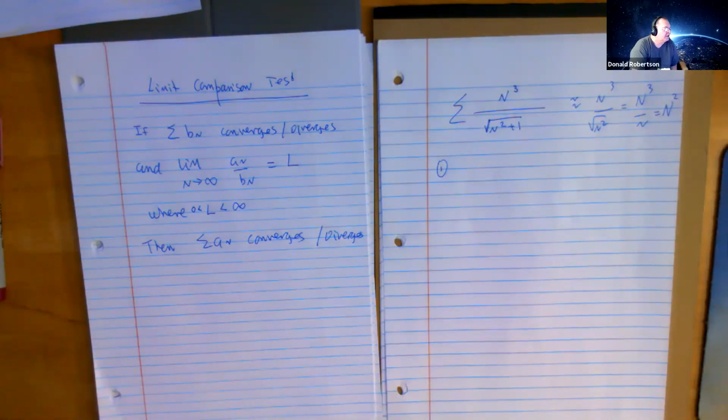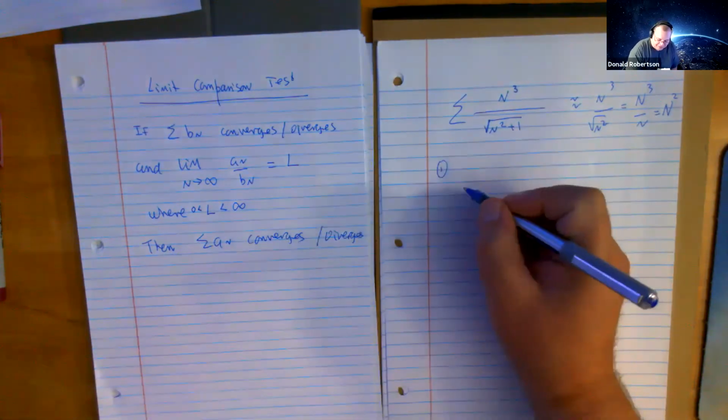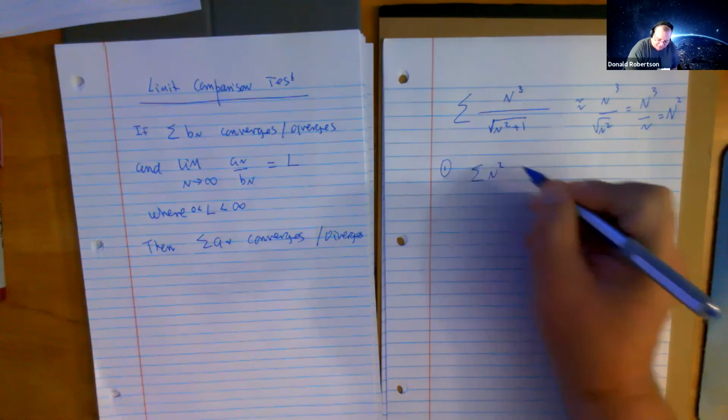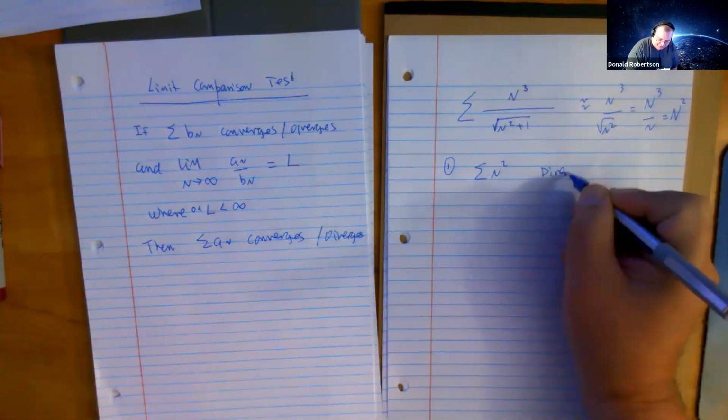Whoa, I overkilled that one. Would you agree that that's going to heck diverge? Not just diverge, but heck diverge, right? But that's fine. It's going to behave like that guy, which means it's going to diverge. Agreed?